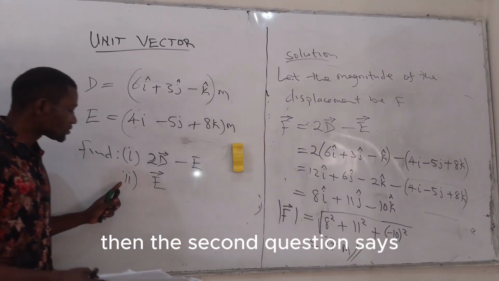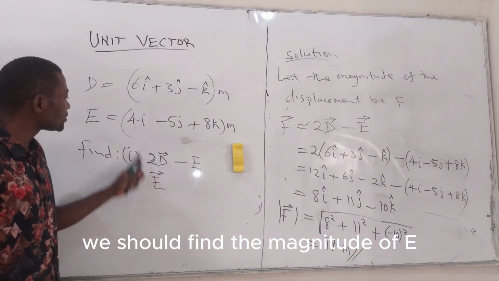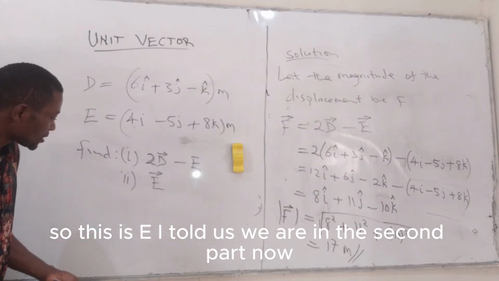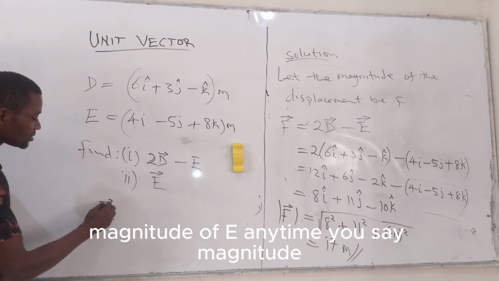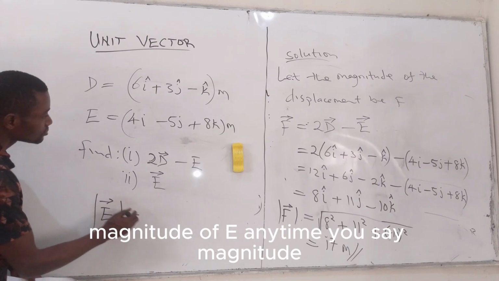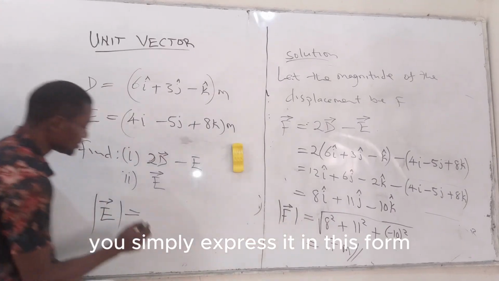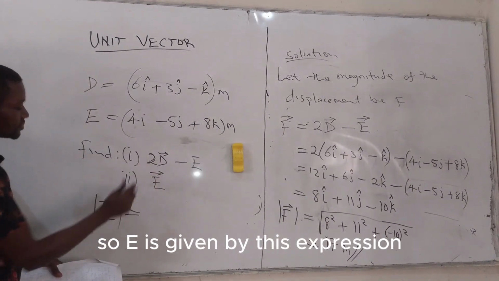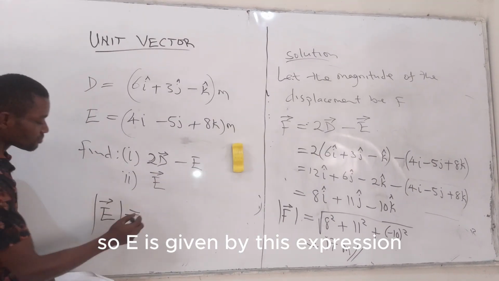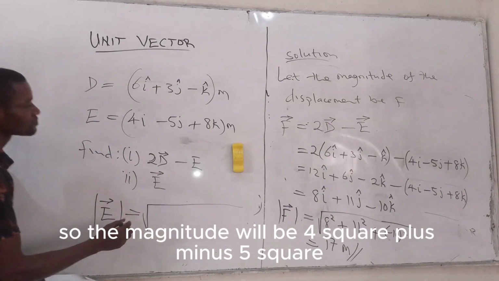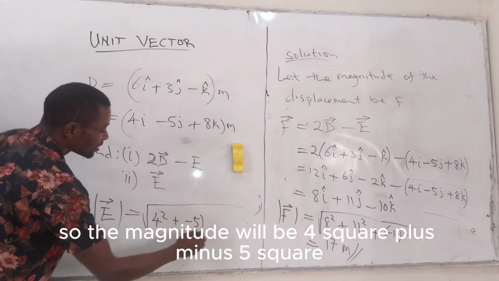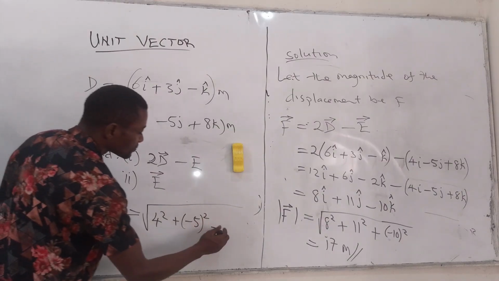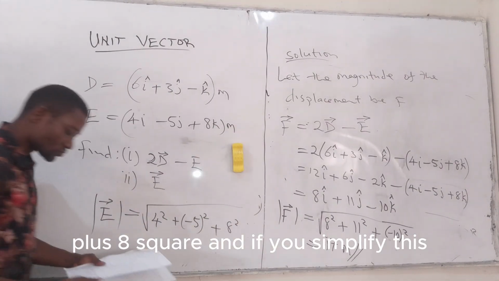Then the second question says we should find the magnitude of E. So this is E, we are in the second part now. Magnitude of E, anytime we say magnitude, you simply express it in this form. So E is given by this expression. So the magnitude will be the square root of 4 squared plus minus 5 squared plus 8 squared.